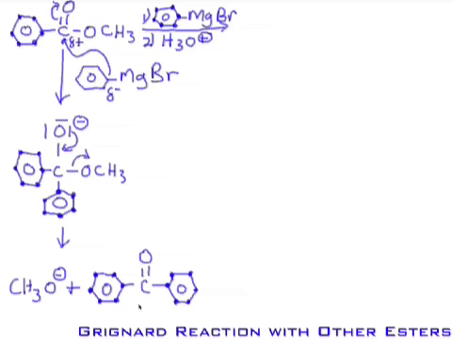So it is very difficult to stop the reaction so that it only attacks the ester and not the ketone. And so yields of ketone are very low, and since there are better ways of making ketones, this is typically not the way. When you do this reaction, you typically throw enough phenyl magnesium bromide in to drive it all the way.